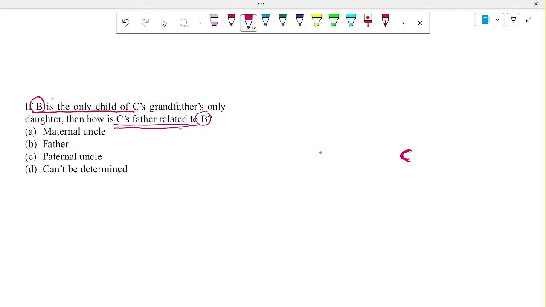So there are two people, B and C, and this C is actually having a father. You can see here, C's father. He is having a father, and then B is the only child of C's grandfather's only daughter. There is a grandfather here. Grandfather is having one daughter, only one daughter.